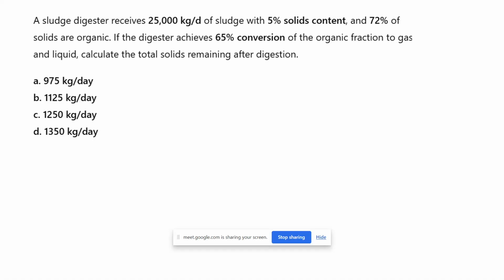Total solids after digestion will be equal to 25,000 into 5 by 100 into your inorganic percentage 0.28 plus your organic percentage 0.72, that is remaining undestroyed, that is 0.35. If you solve, you will get the answer.